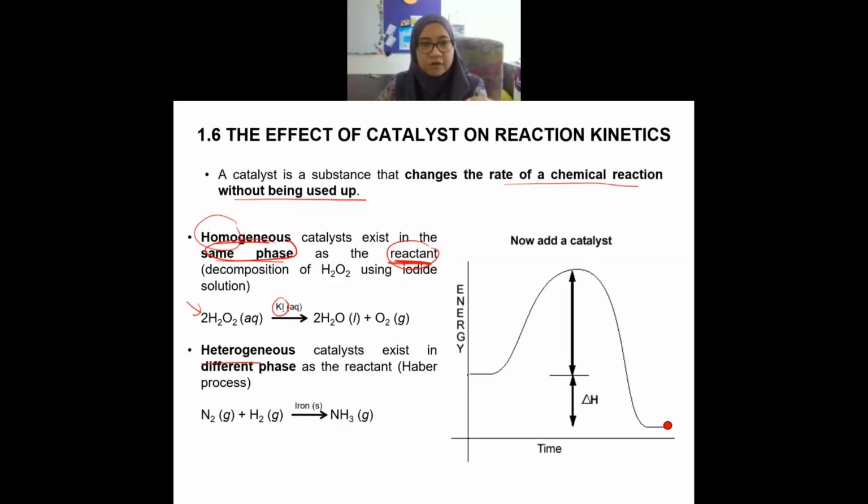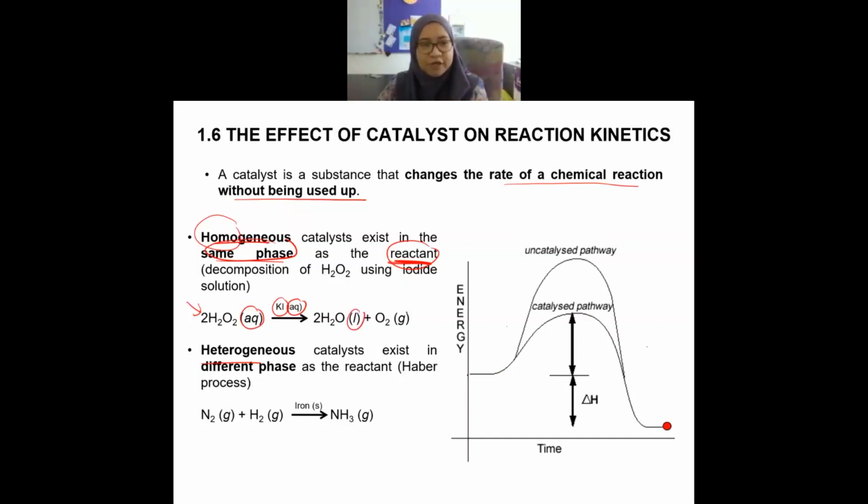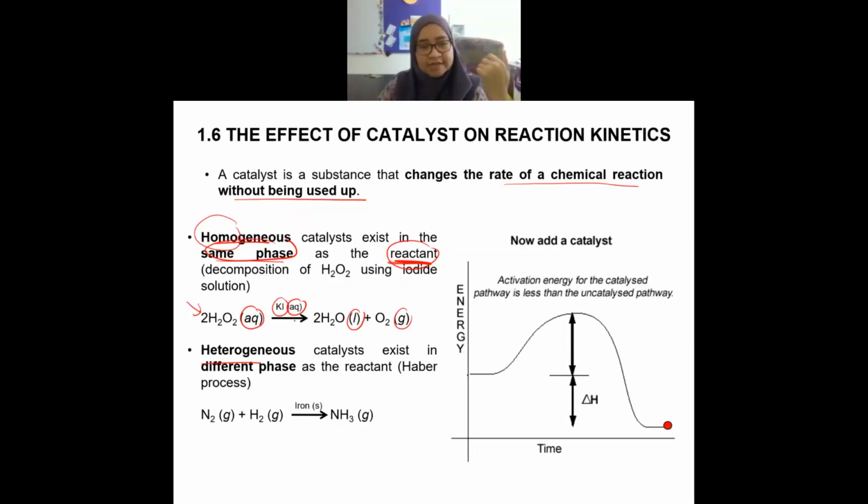So when we say that KI is the homogeneous catalyst for this reaction, it is because the phase is the same as the reactant. But is it the same as the product? No, it's not the same. Homogeneous is defined based on the phase of the reactant, not the phase of the product. So KI is a homogeneous catalyst used in this reaction.